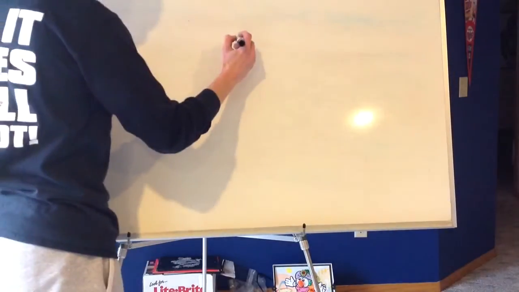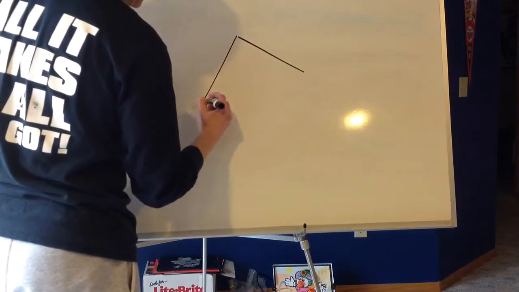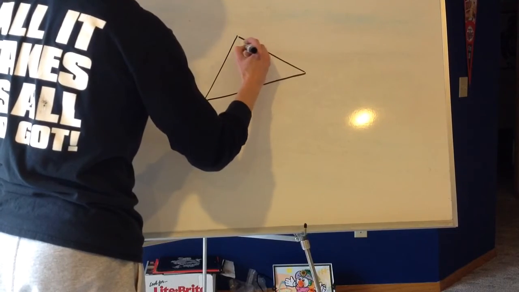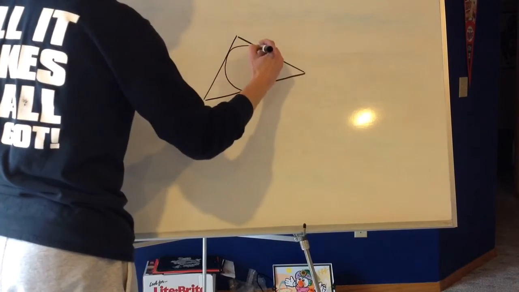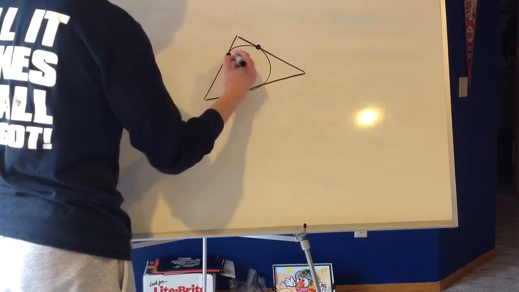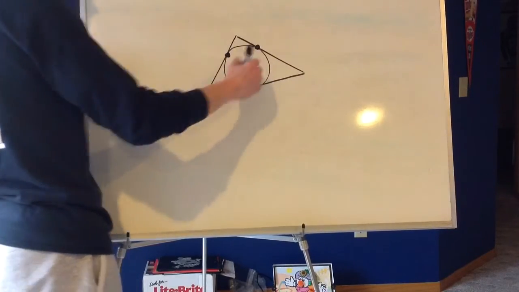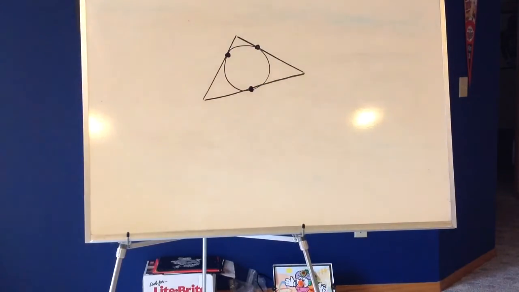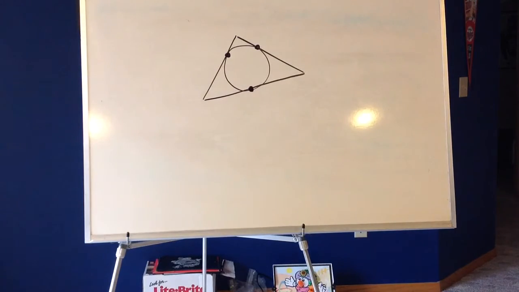Basically, each side has to touch the circle. It'd be kind of like this, where it touches here, touches here, touches here. Since it's a triangle, there should be 3 points where it touches, one on each of the 3 sides. That would be considered a circumscribed polygon.